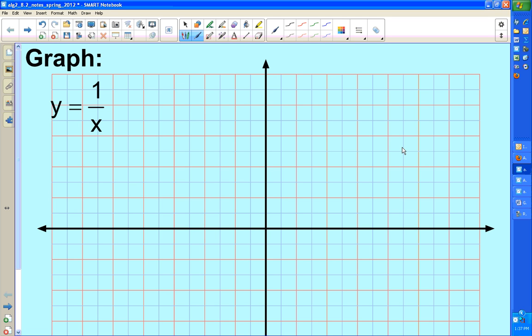One of the few parent graphs where that's true. 1/4 is not on this graph. 4 and 1/4 is a point on the graph. 1, 1 is on the graph. 2, 1/2. This is the parent graph, y equals 1 over x.